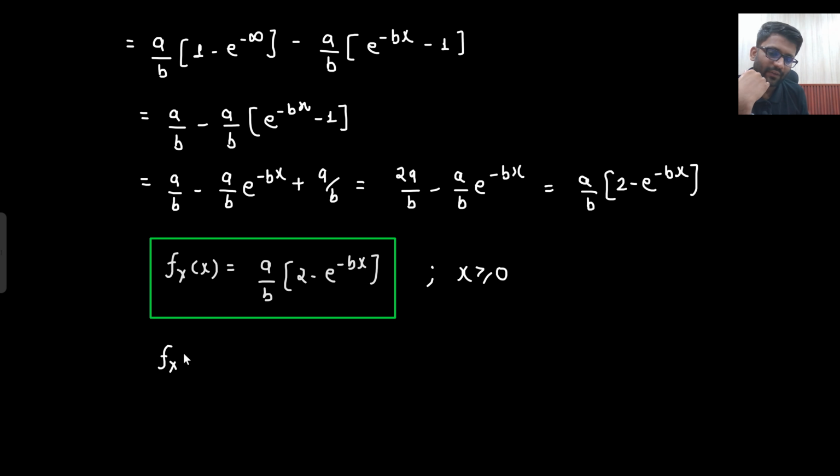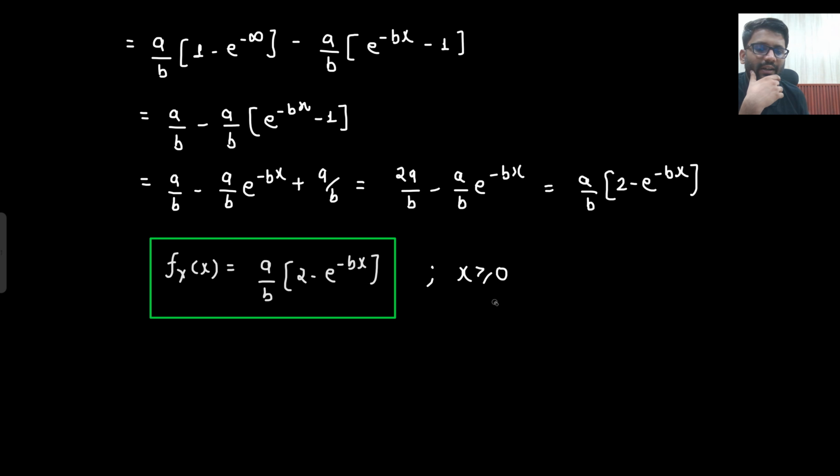So what could be the other way of writing it down? The other way could be a by b times 2 e to the power minus x u of x. But this is considering x greater than equals to 0; for x less than 0, the answer would be different, right? Are you able to understand this point?